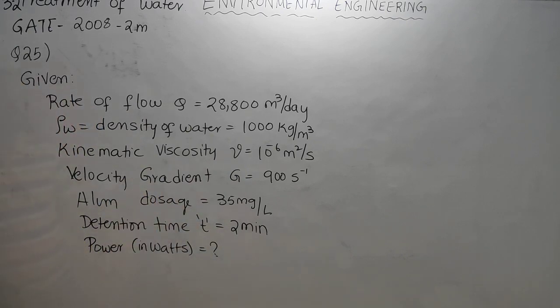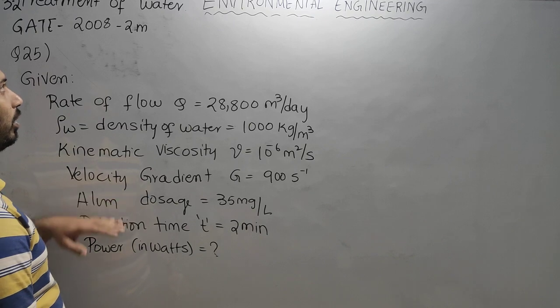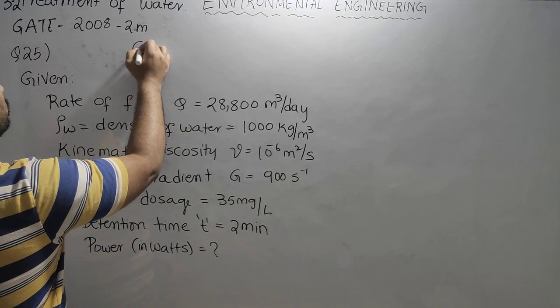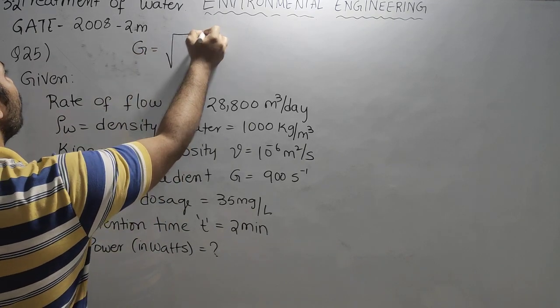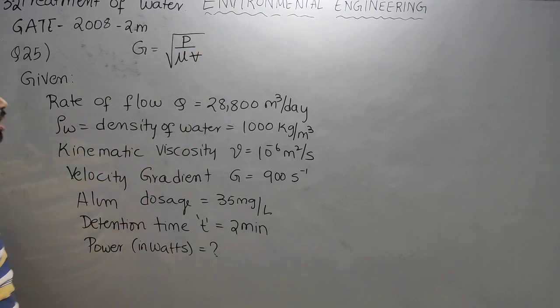So how to find power? From the velocity gradient formula we can find power. We know that G is equal to square root of P by mu into V. In this formula we need to remember the units also.